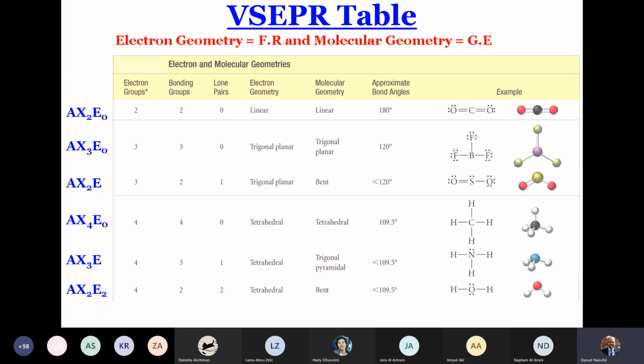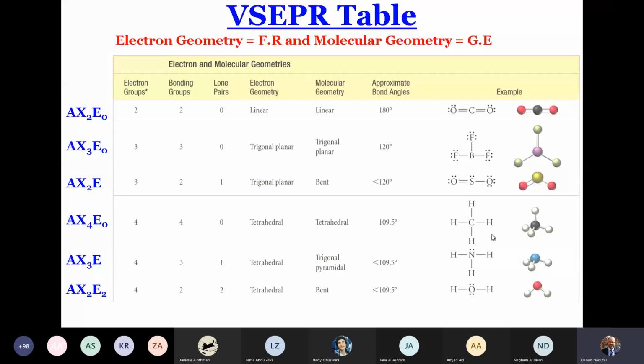We have 2 lobes for AX and 1 lobe containing 2 non-bonding electrons. Now we have to pass to the geometry. If we erase the non-bonding pair, we obtain AX2 that forms a geometry which is bent. And for bent, we have to know that the angle is less than 120 degrees.